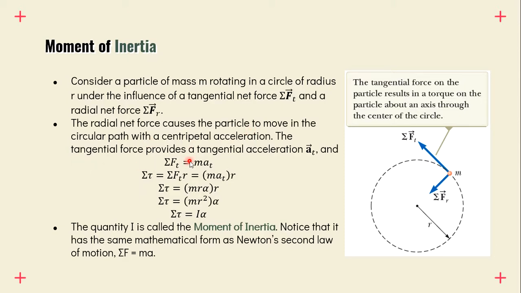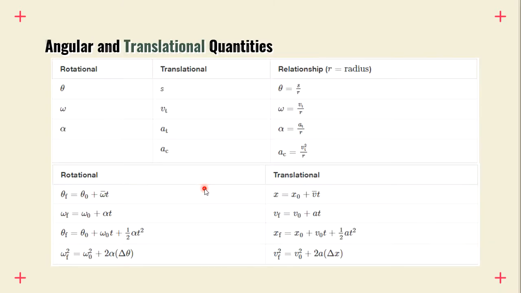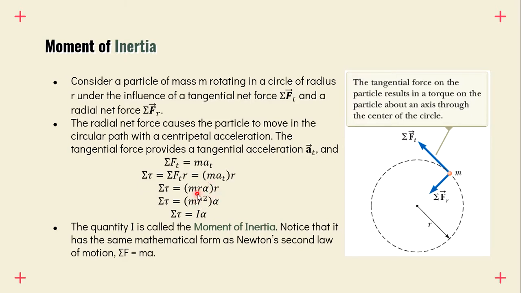The tangential force provides a tangential acceleration a_t, and Ft is equal to m a_t. So tangential force is mass times tangential acceleration. But torque is equal to force times radius, or force times distance. So we get m a_t times r. So the summation of torque is equal to m r alpha times r, since tangential acceleration is equal to the angular acceleration times the radius.